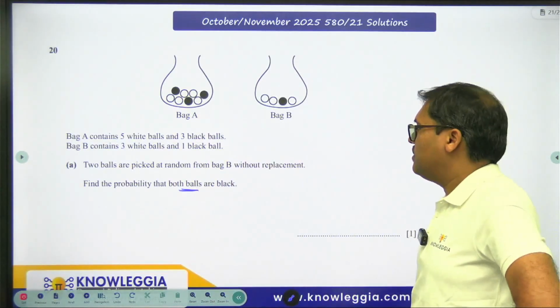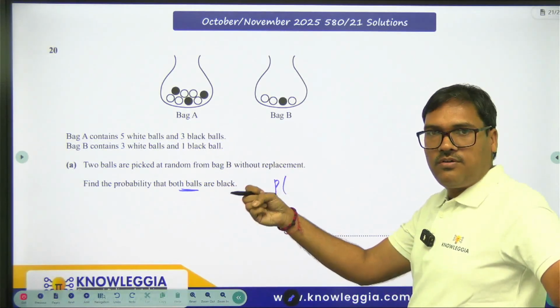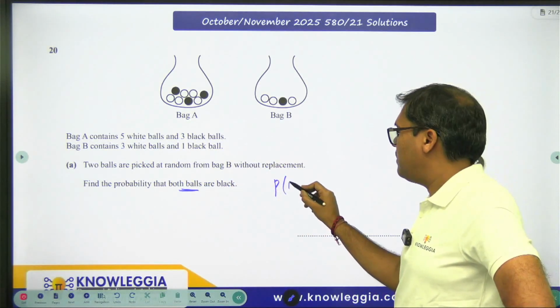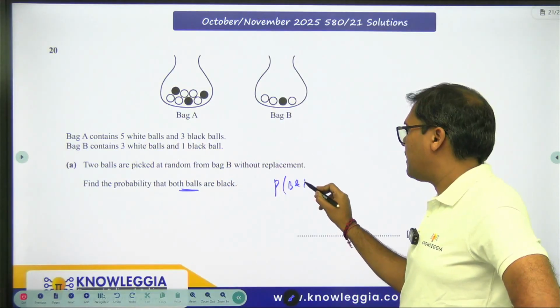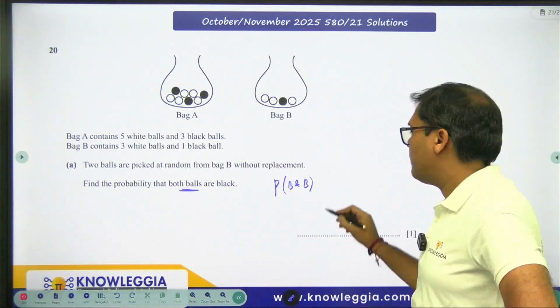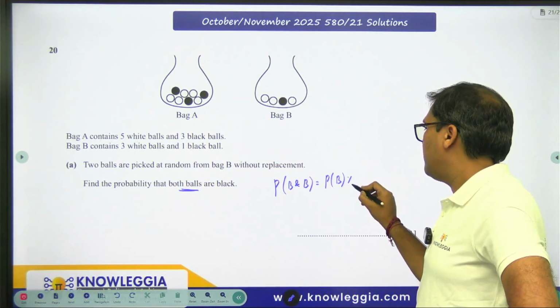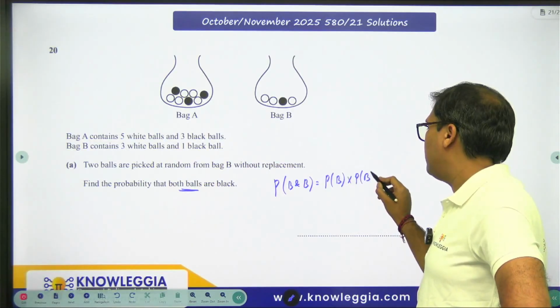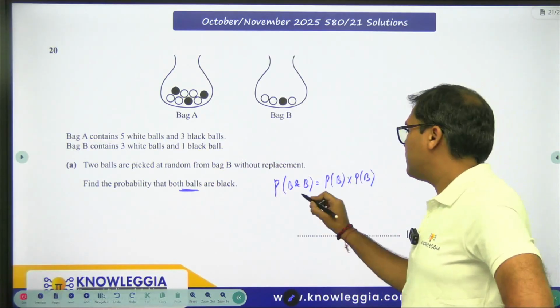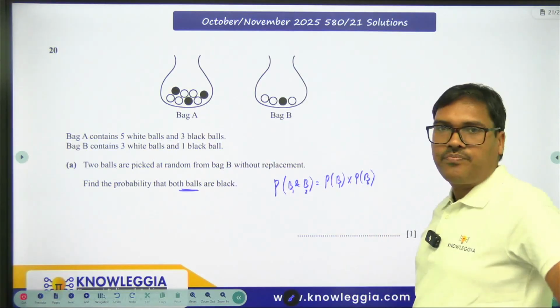So now you see we are having first pickup is a black ball and the second black, right? Because both are black.